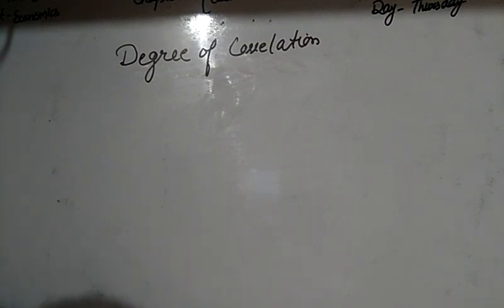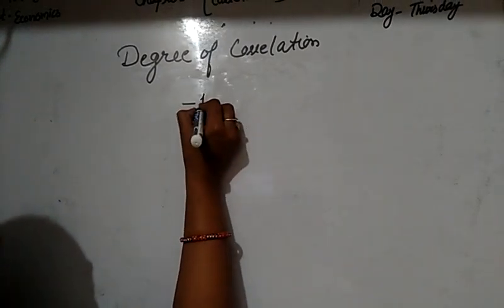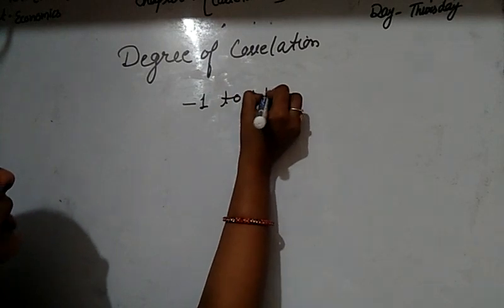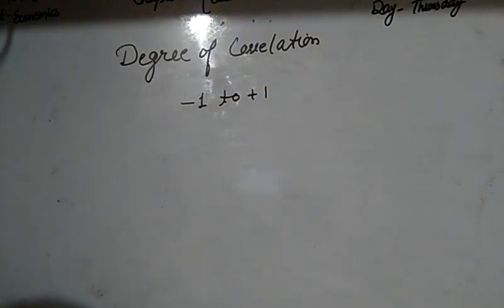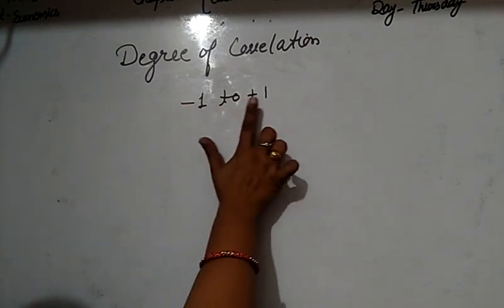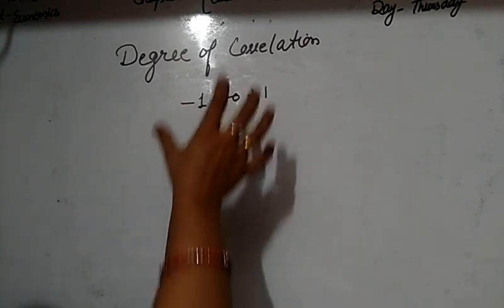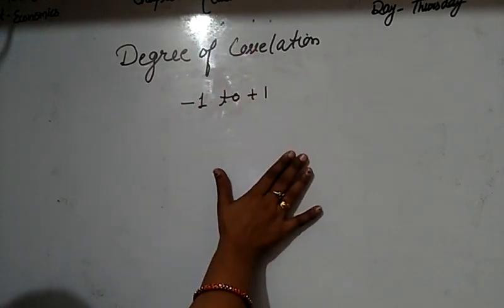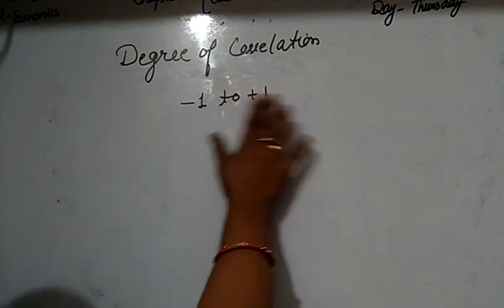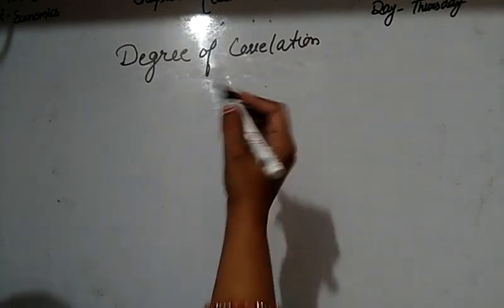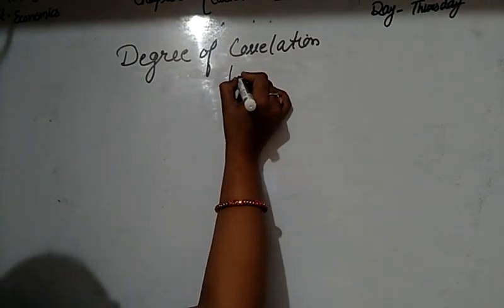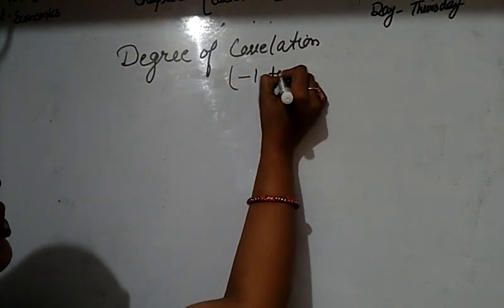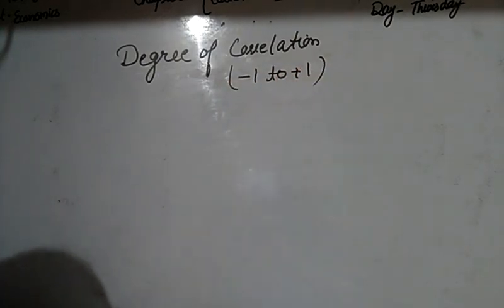So the value of the correlation lies between -1 to +1. Okay, so the correlation lies between -1 to +1. So we can bifurcate these -1 to +1 values to explain the degrees of correlation. Okay, so this point is very important for MCQs, that the value of correlation lies between -1 to +1.